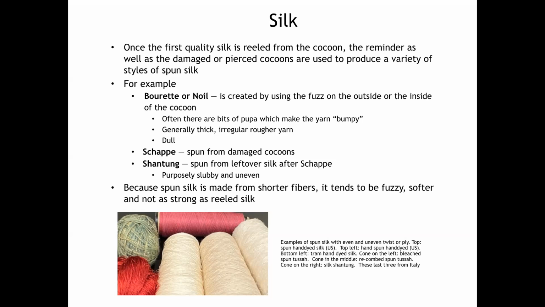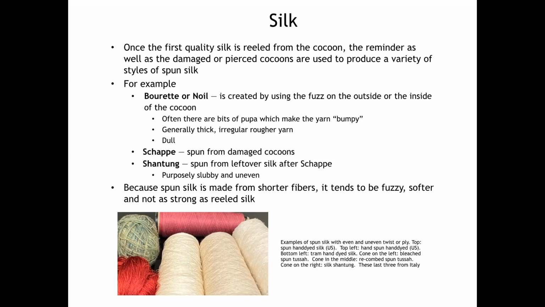But the spun silk has its merits, it's very interesting to use, has all sorts of different properties. That's where you see a lot of slubbiness in the yarns. It's typically from spun silk. There are all sorts of different types of spun silk. One type is called noil or bourette, and is made using the fuzzy part of the outside and the inside of the cocoon.